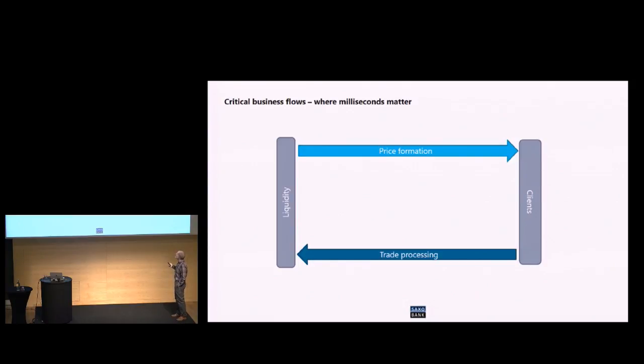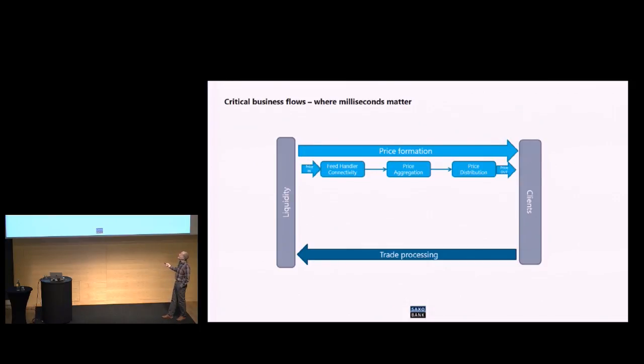And then the client makes an order and wants a trade, and we might or might not want to go out in the market and get that back to the end client if he's sitting on a UI. But these are essentially the flows we're optimizing for.